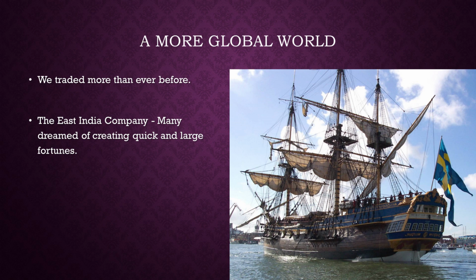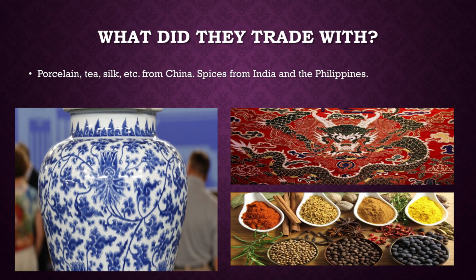We traded more with each other, but also because we had a lot more colonies than ever before. Here in Sweden we have the East India Company, and they traded a lot with Asia and countries like China, India and the Philippines. They traded mostly with stuff like porcelain, tea, silk, etc. and spices of course from India and the Philippines.